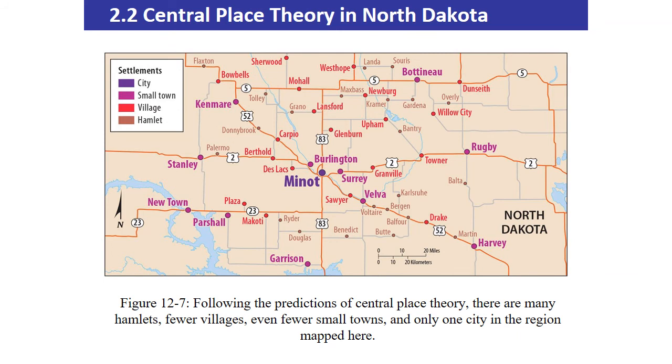This is another way you can visualize central place theory. One of its ideas about the distribution of settlements is how you see the settlements distributed around North Dakota here, right? Where you've got this central place, this city of, I'm not 100% sure how to pronounce that really, Minot.